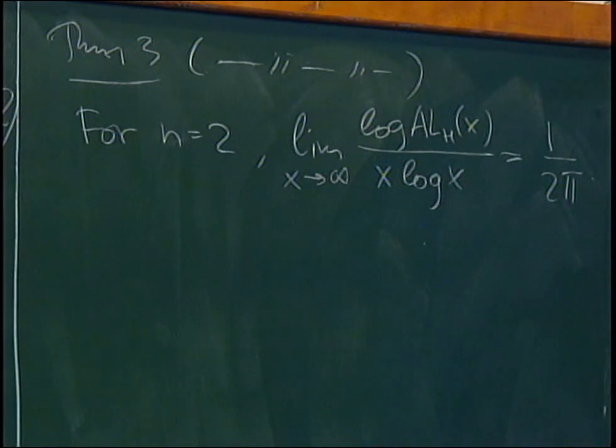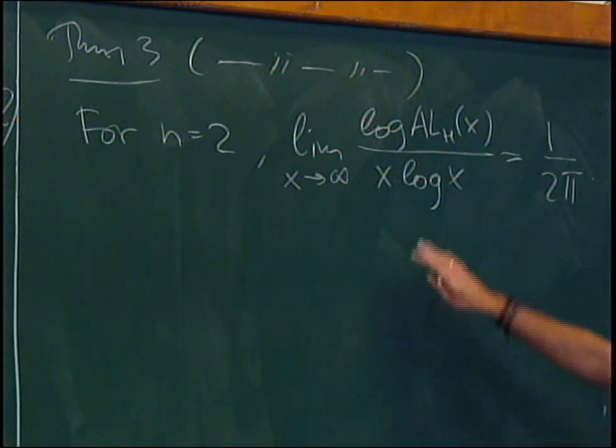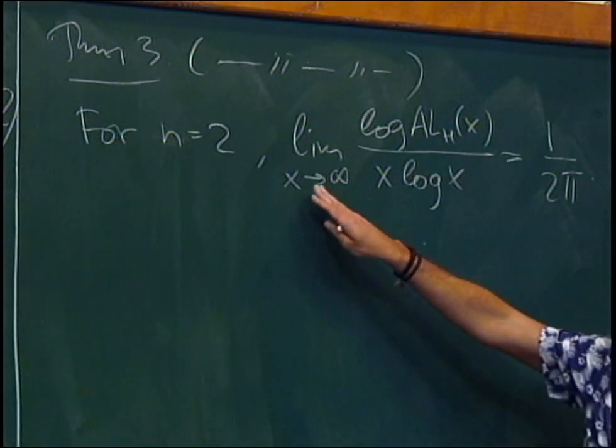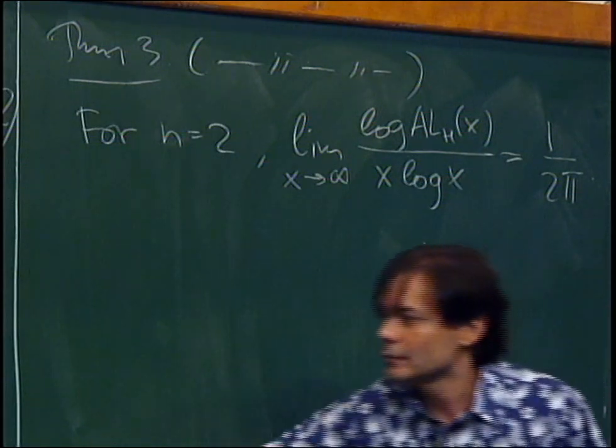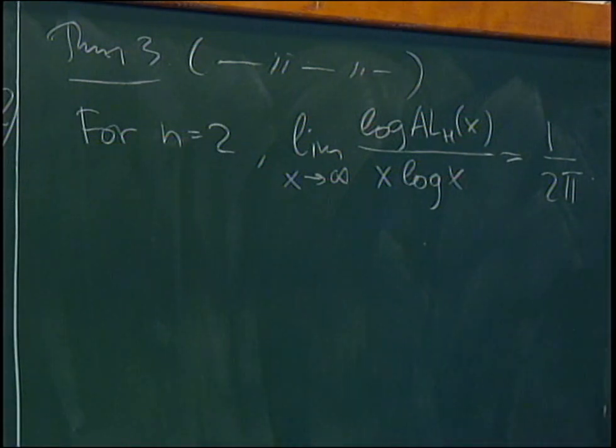So he really worked hard for us to be able to prove this theorem. Okay, and one can ask whether this limit exists for other groups, say for higher dimensional hyperbolic spaces, and the answer is not known.